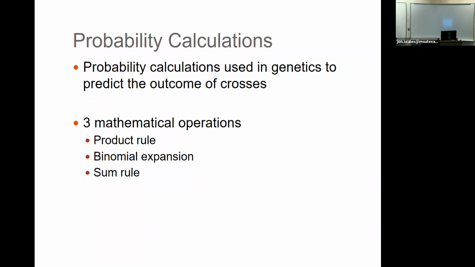But you might ask the question, what's the likelihood that any 4 out of the 6? Right? Now, it could be the first 4, it could be the last 4, it could be the first 2 and the last 2, right? There's multiple ways that you could get 4 things out of 6 events. And it doesn't matter what order they roll, okay? So that requires a slight variation on the product rule called the binomial expansion.